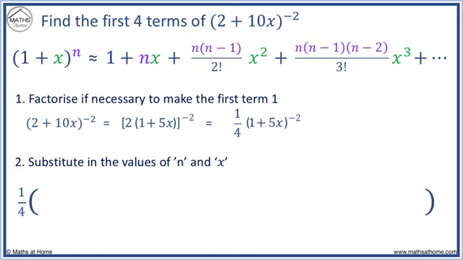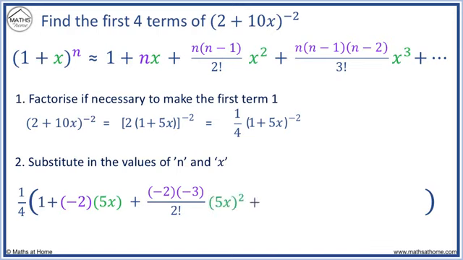Our expansion becomes 1 plus nx, which for us is -2 times 5x. This fraction becomes -2 times -3 over 2 factorial, because if n equals -2, then n minus 1 equals -3. x squared becomes (5x) squared, all in brackets.